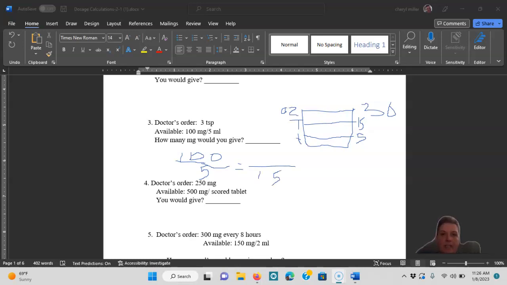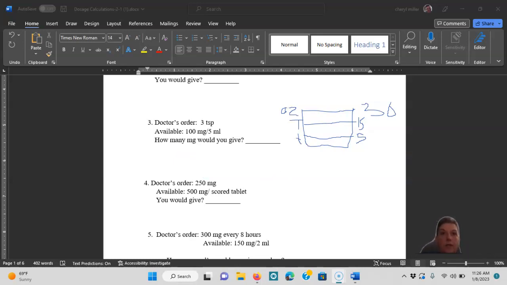So if I times this by 3, I have to times this by 3, right? Okay, so I'm giving 300 milligrams because each 100 is in 5. Okay, awesome.